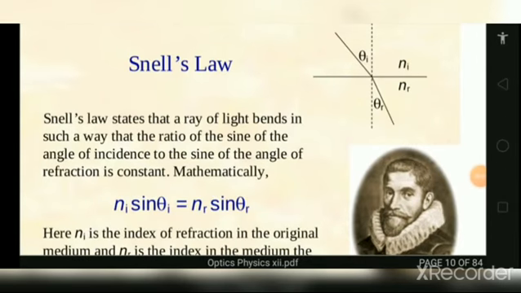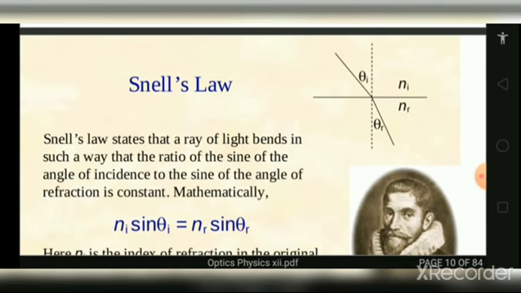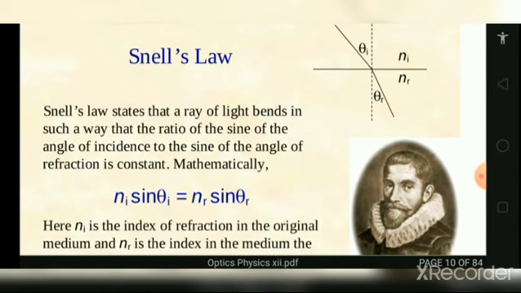Snell's law is one of the important laws when you are dealing with refraction. The ratio of the absolute refractive index of medium 2 to the absolute refractive index of medium 1 is the relative refractive index of medium 2 with respect to medium 1, which is equal to n2 upon n1, equal to sin theta 1 upon sin theta 2.